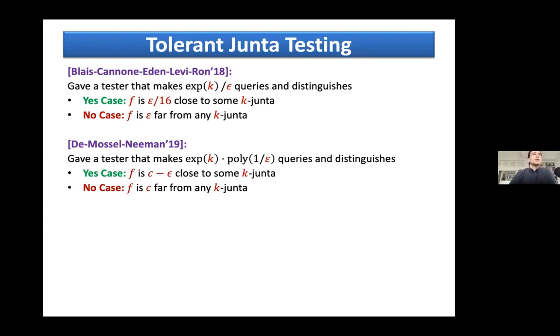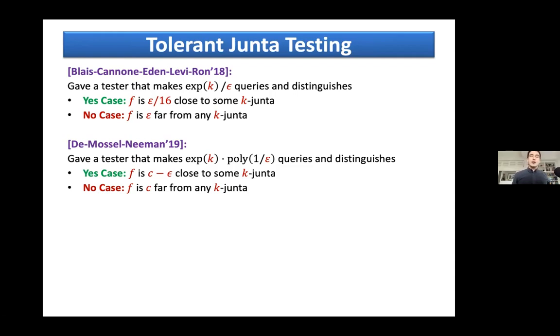Notice in particular that in the result of Blais et al., you have a multiplicative gap between the closeness and farness parameters. In the Mossel and Neeman result, you don't have it. So you can pick C to be 0.2 and C minus epsilon to be 0.19, for example, which you at least cannot do from the first result.